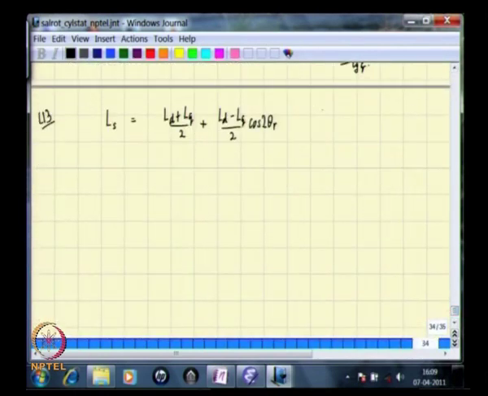In the 2 pole machine, the mechanical angle, we have seen this earlier, the mechanical angle is equal to the electrical angle. If the number of poles increases, then the electrical angle will be correspondingly more than the mechanical angle.